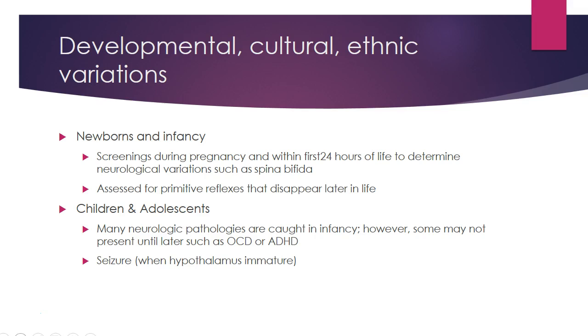Remember, spina bifida is a neural tube defect where there's a hole in the lower part of the body and the spine is exposed, and it can be pretty traumatic for both parent and child. The child can be paralyzed. There can be a lot of issues.